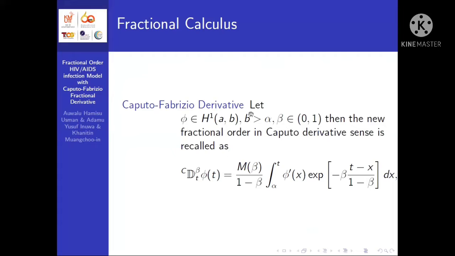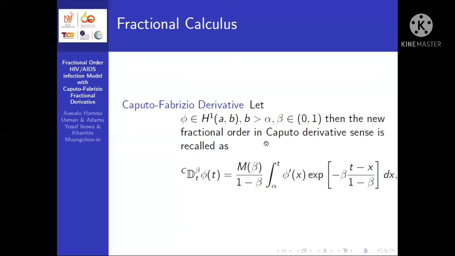So the Caputo-Fabrizio derivative setting is given by this, where it says to define a function in a Hilbert space H1, with b greater than a and greater than beta, where alpha and beta belong to the interval 0, 1.